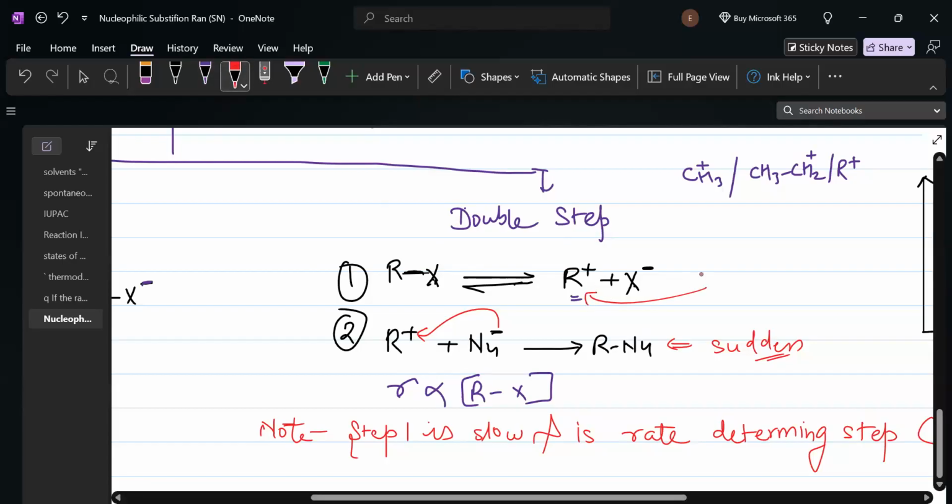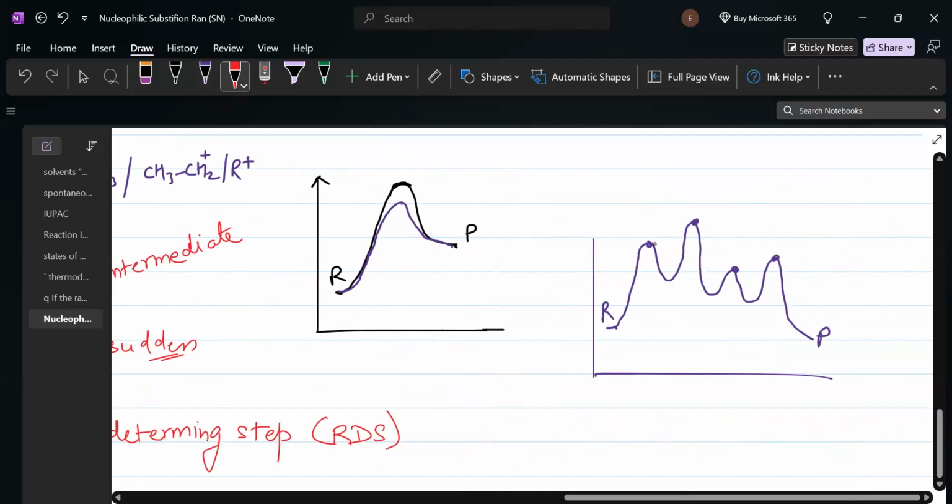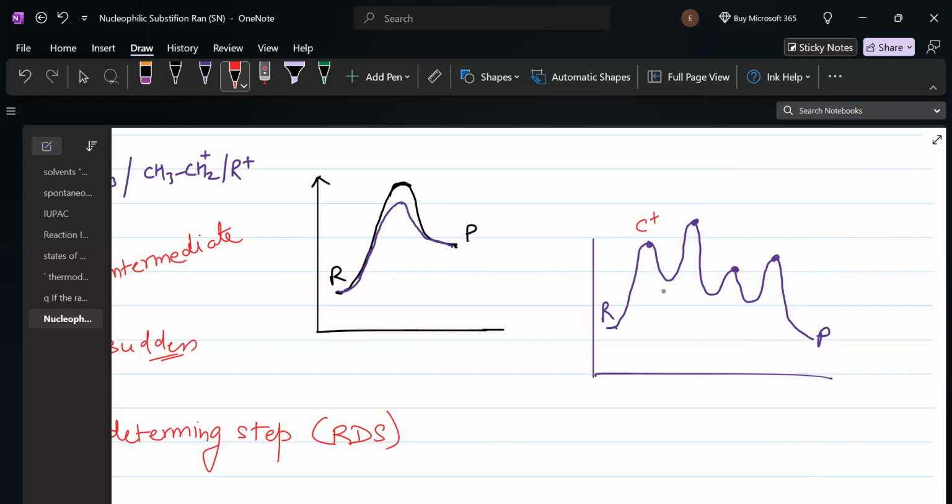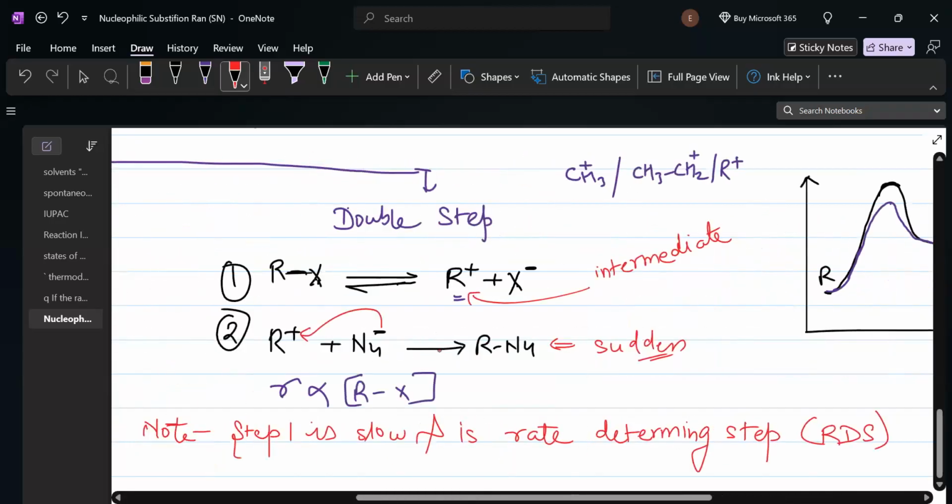This may be a new term for you. This is forming, but we cannot see it. In between somewhere the carbocation is formed, that is why we cannot see it. And this is a very unstable thing.